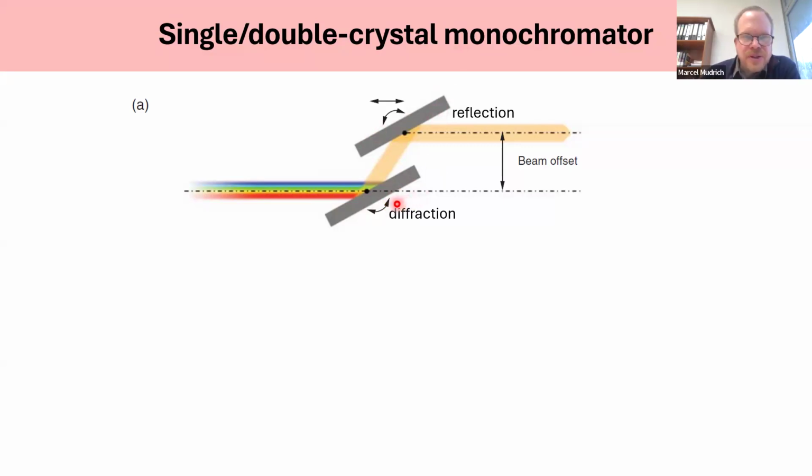And then to change the color, so to change the photon energy of the diffracted first order, the tilt angle of the crystal would have to be changed. And as indicated here, in such an arrangement we would change both the tilt angle of the crystal and of the mirror up here at the same time.